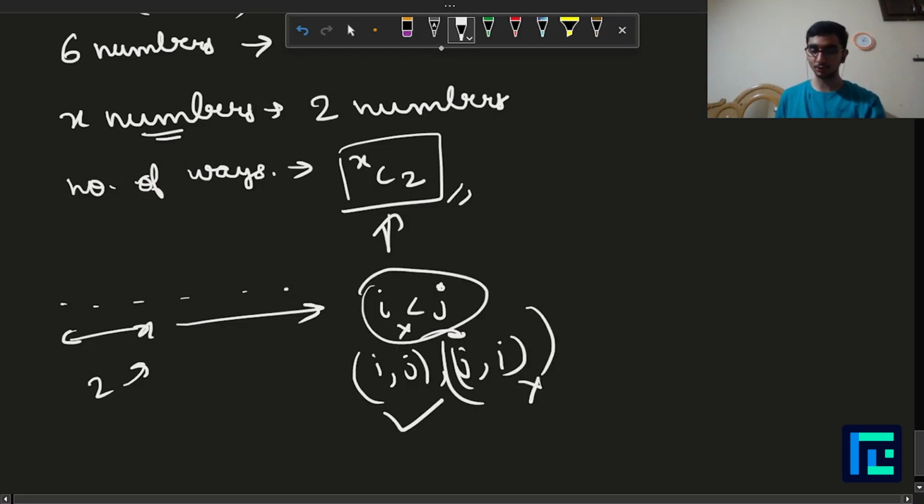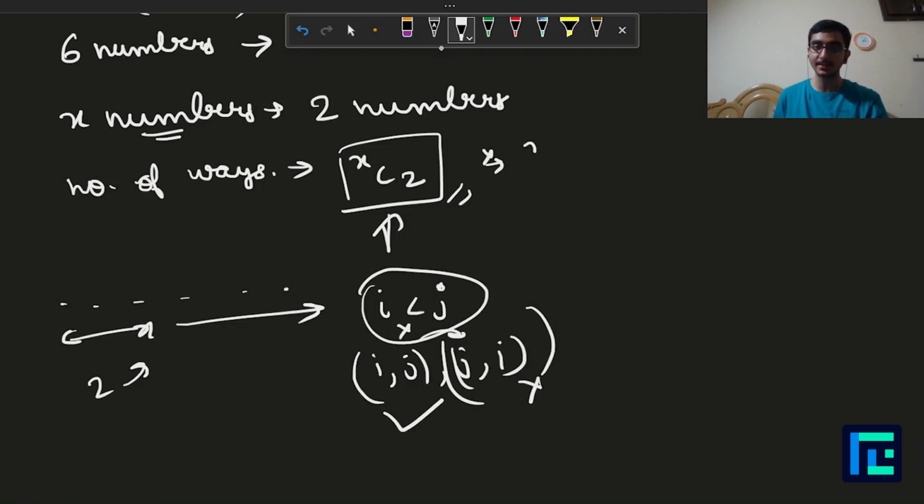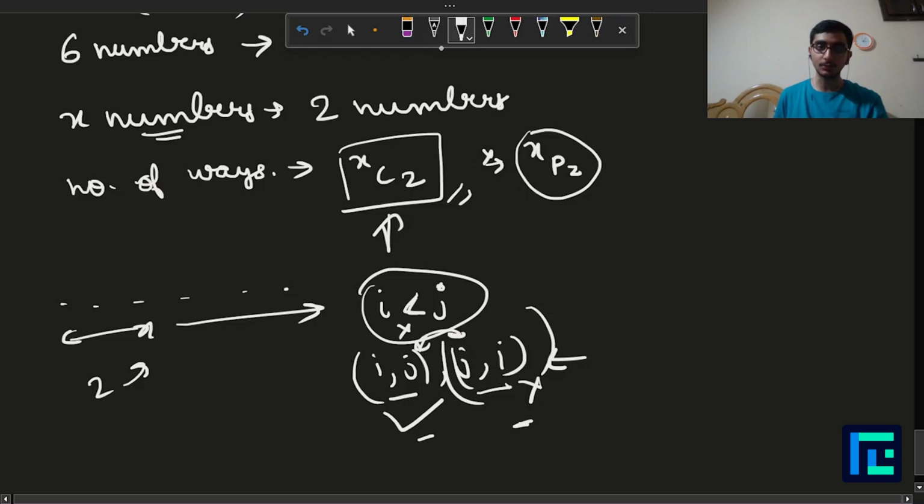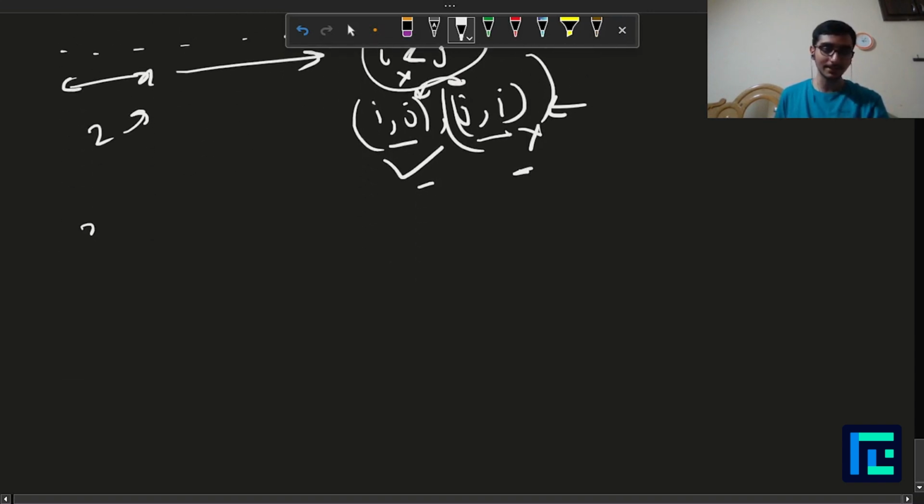This should be clear. That's why we use XC2 and not XP2, because if both i comma j and j comma i were valid, then we would use XP2 because the order matters. But here, as i should be less than j, only one of them would be valid. That's why I use XC2. And what is XC2? If we expand it, it is simply x into x minus 1 by 2.